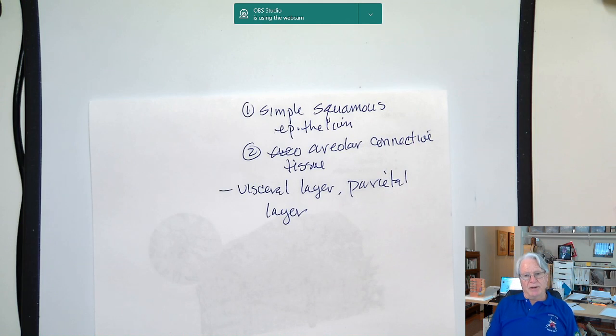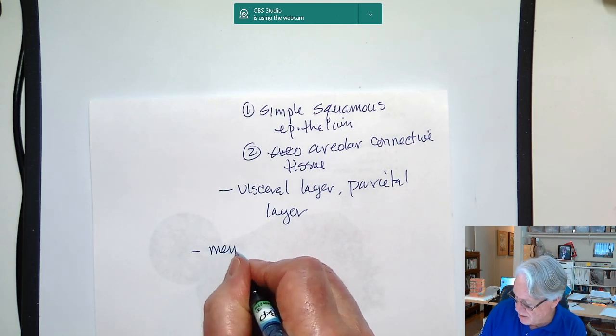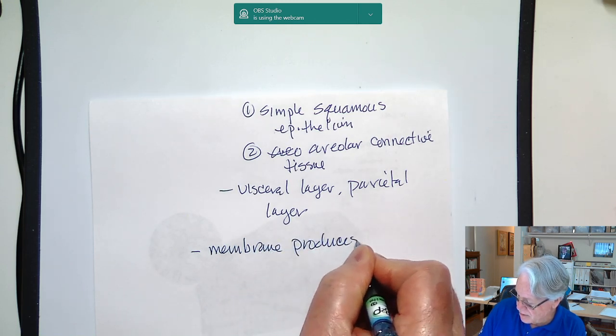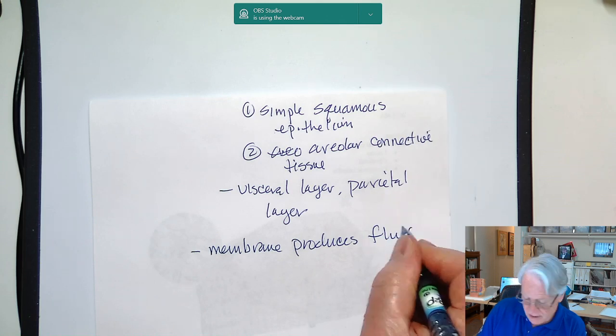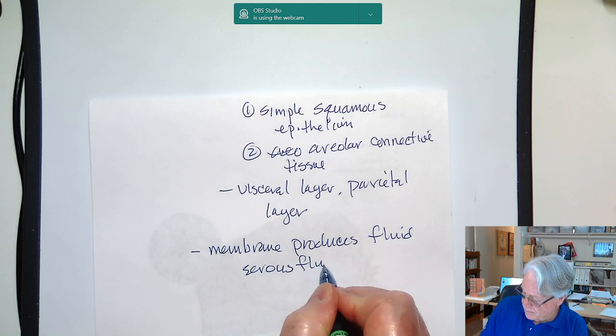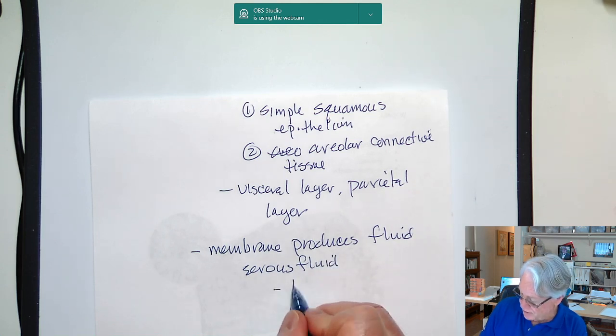So the pericardium, visceral layer, pericardium, parietal layer, pleural, visceral pleura and parietal pleura, as well as the peritoneum. Okay, this membrane produces a fluid which is called serous fluid, and this is for lubrication.